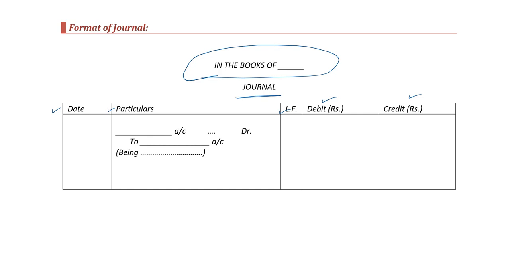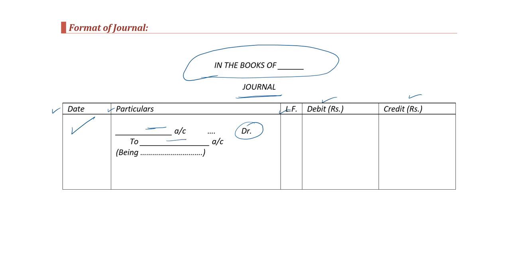We need to write under the date column the date in which the transaction has taken place. In the particulars column, we will first write the name of the account which we need to debit. And below that, we will write to the name of the account which we need to credit.